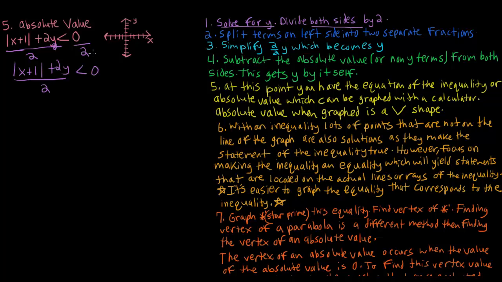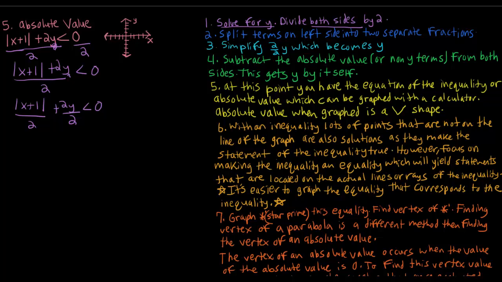Now again, on the left side we're trying to get y by itself. We have this fraction, but to help us simplify it, we can split the fraction into 2. So we have the absolute value of x plus 1 over 2, plus 2y over 2, is less than 0.